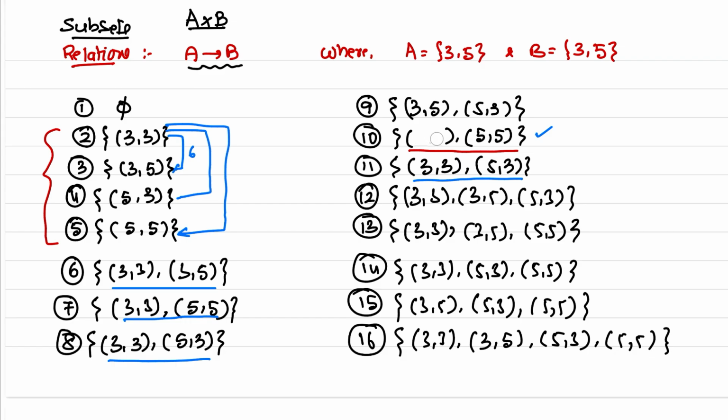Here it should be 3, 3, 5, 3. We will adjust it a little, because we should not deviate from the order: 3335, 3353, 3355.